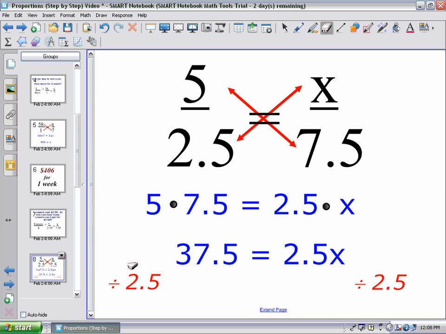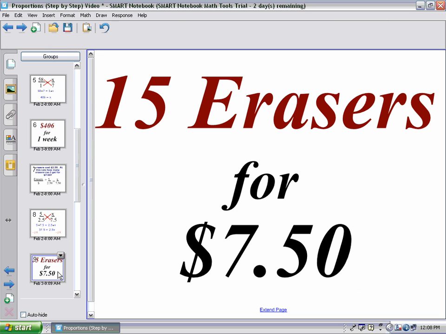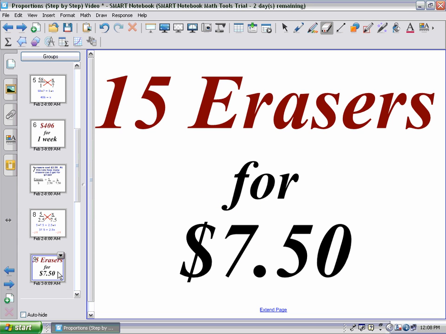And 37.5 divided by 2.5 gives me my answer: 15 erasers for $7.50. Please note, my answers when I do a proportion will have a label every single time, and you need to make sure that you have a label for each and every one of these answers. They all vary.